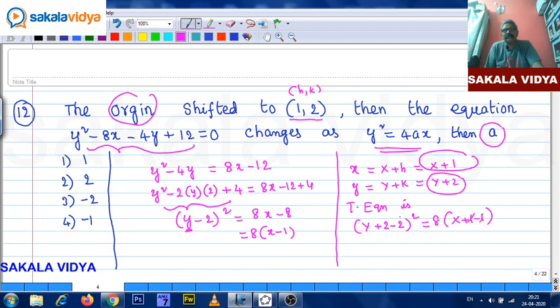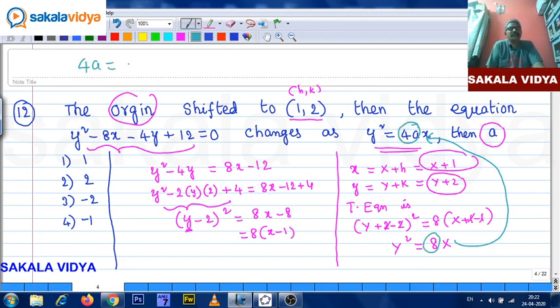This gets cancelled. We have y square is equal to 8x. Now this is being compared to this equation. So 4a is equal to 8. Since 4a is equal to 8, we know that a is equal to 2, that's all. So second option is the right option.